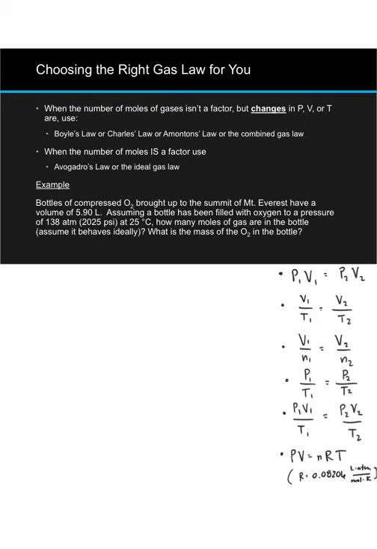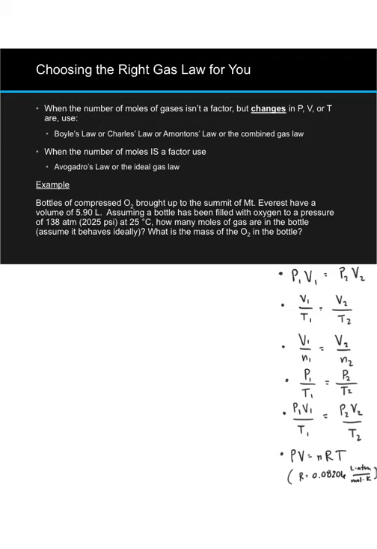When the number of moles is a factor in our gas laws, we'll almost exclusively use the ideal gas law. Rarely, on occasion, we'll use Avogadro's law. But consider that if we would like to know the number of moles of gas particles, it's almost always true that we'll take advantage of the ideal gas law, PV = nRT.